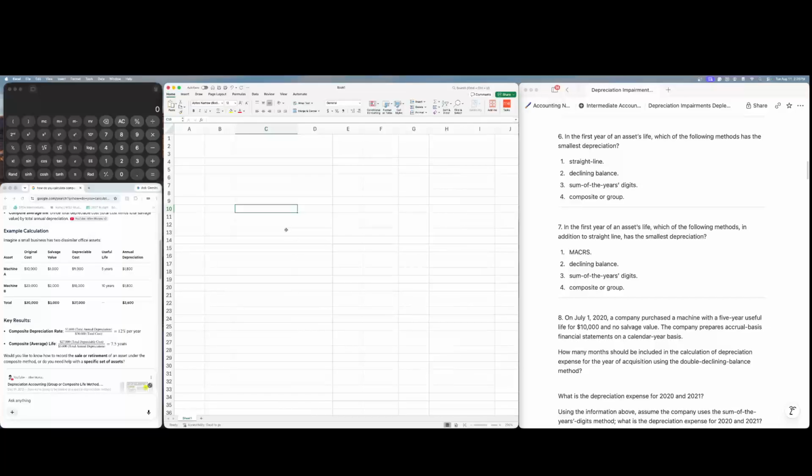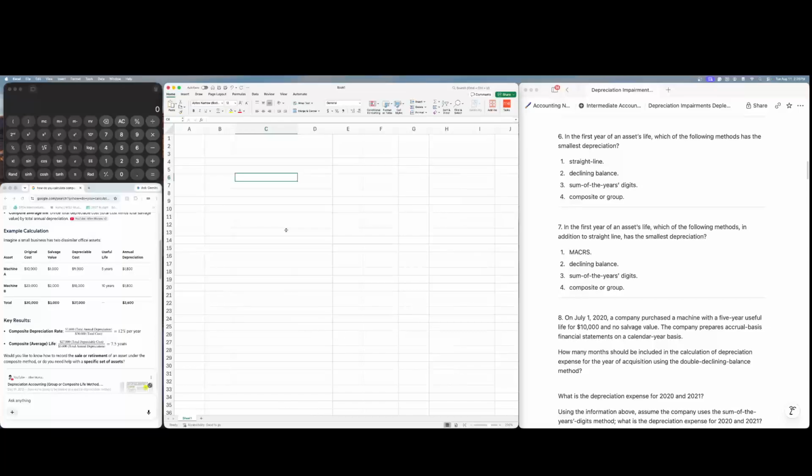So to do group or composite depreciation, essentially it would be sort of like an average of each asset, as in like a combined average of depreciation.